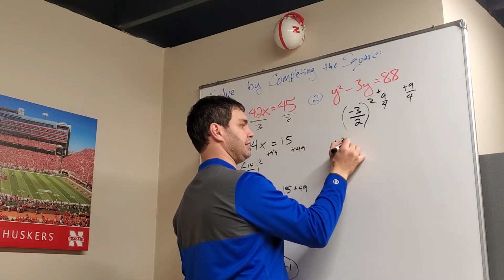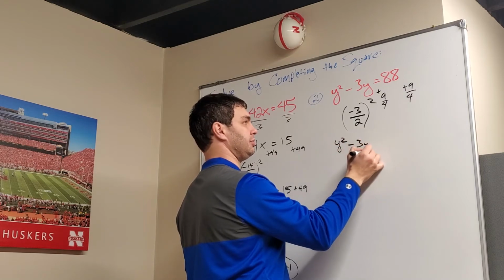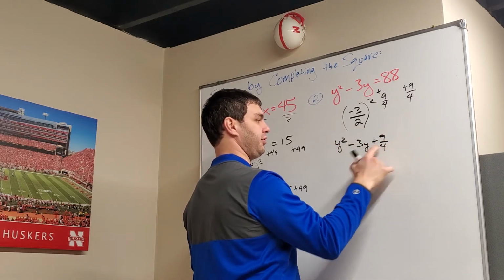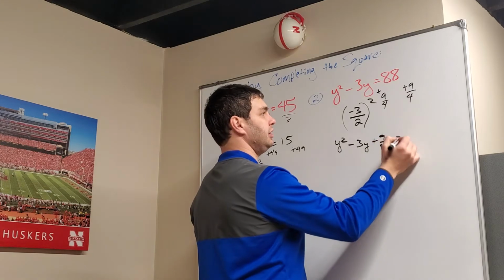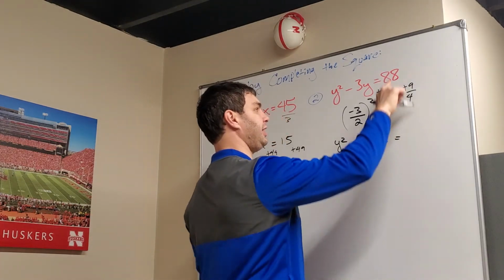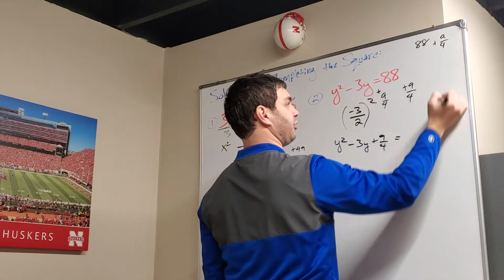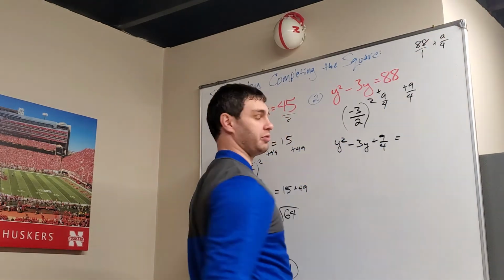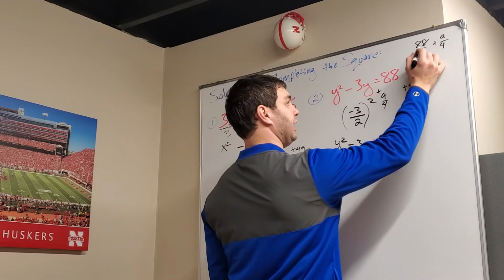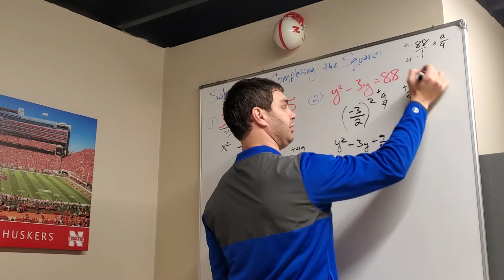Again, let me write out that next line. y squared minus 3y plus 9/4, keeping it as a fraction, equals, and on this side, let me do a little side work here. 88 plus 9/4. Well, 88 currently is over 1. If I want it to be over 4, I have to multiply both the 88 times 4 and the 1 times 4.